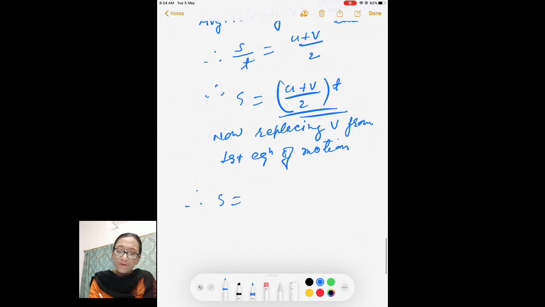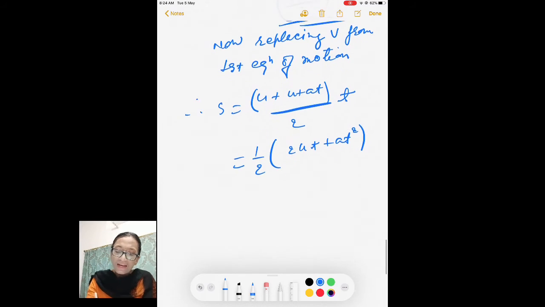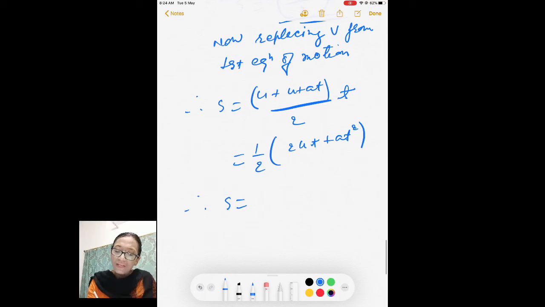Therefore, s is equal to u plus, v is equal to u plus at, upon 2 into t, and it is equal to half into 2ut plus at square, and therefore s comes equal to ut plus half at square.